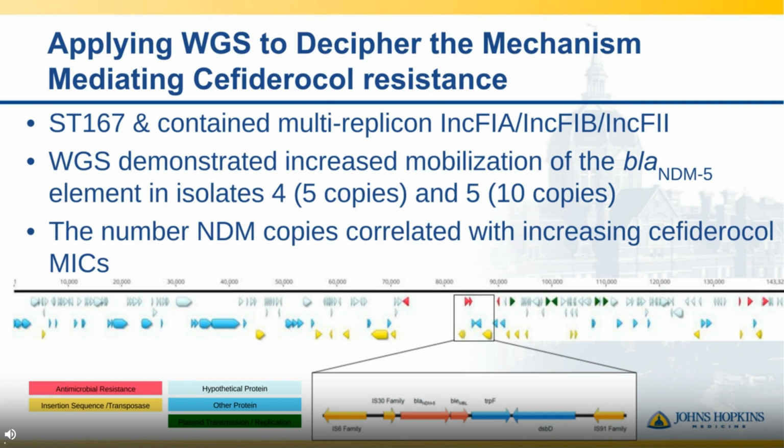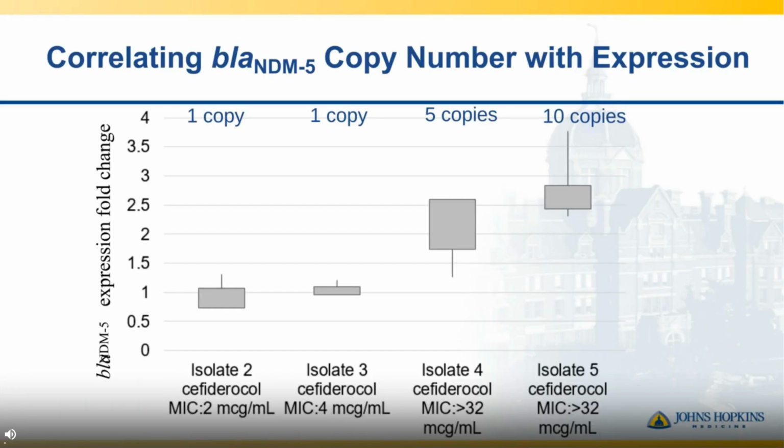So to prove that the increased copy number was associated with increasing cefiderocol MICs, we did additional studies, including expression studies, where we demonstrated increased expression, up to 2- to 4-fold, in the isolates with 5 and 10 copies of the NDM-5 gene.